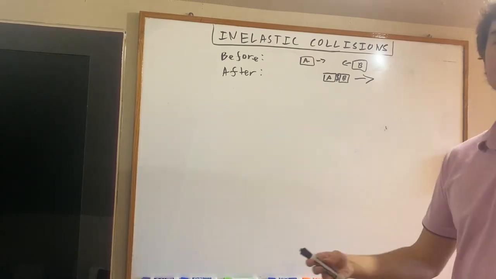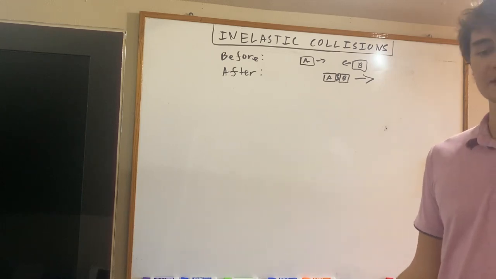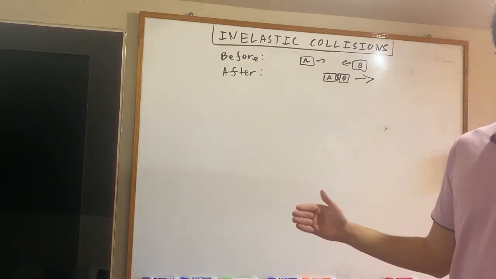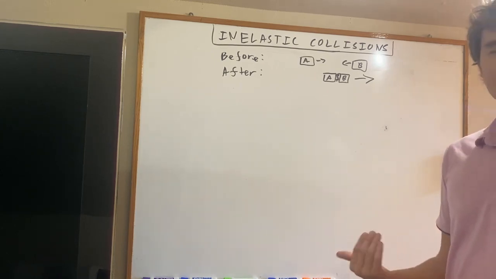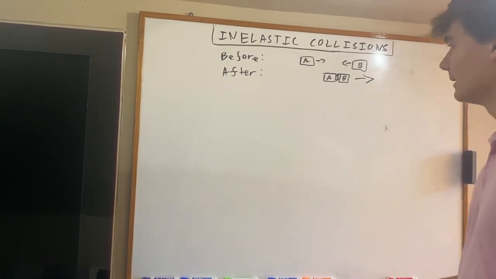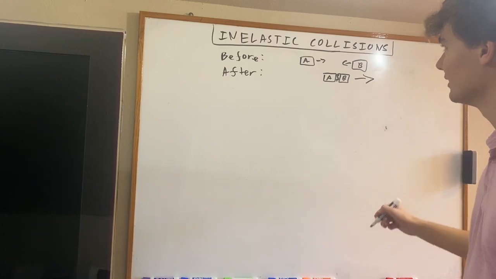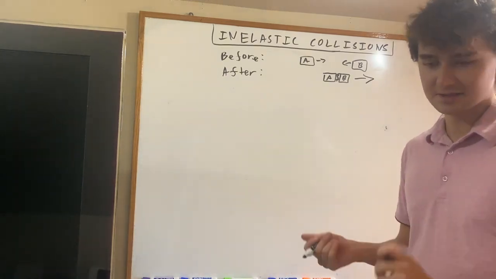So it's actually completely inelastic collisions where they move together. There's also incomplete inelastic collisions, where they don't move together afterward, but we don't really have to know that right now. So we're just going to be doing completely inelastic, so they're moving together. Same thing happens as with the elastic collisions.